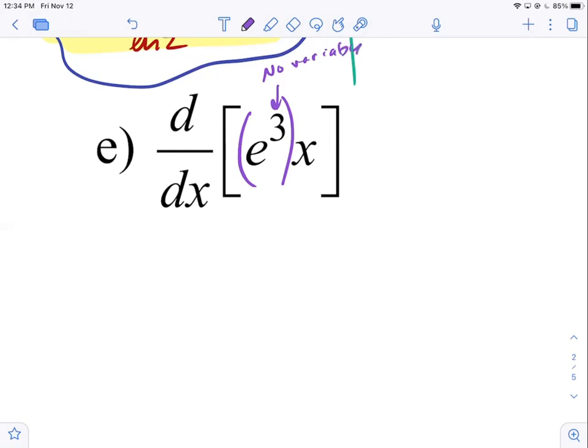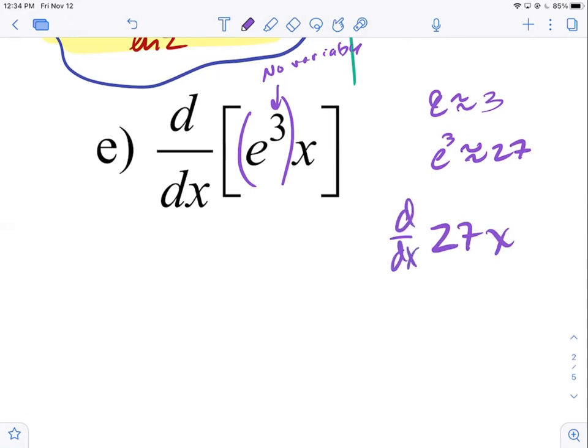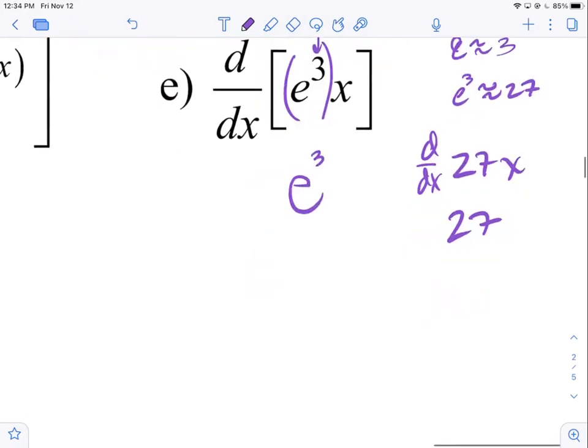So if e is approximately 3, then e cubed is approximately 27. What would the derivative of 27x be? Yeah, you wouldn't hesitate to say it's 27, right? So what's the derivative of e cubed times x? e cubed. It's just the coefficient of a linear term. Now, you could get there another way.